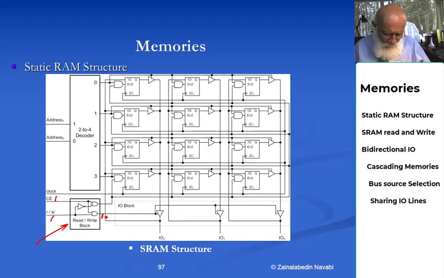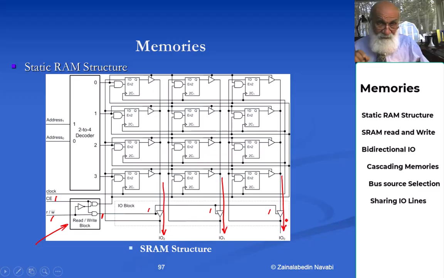If there is a 1 here, this input to the tri-state structures is 1, and therefore you will be driving these I/O lines with the contents of the memory. Now, I haven't talked about selection of the specific words yet. These are output lines that, depending on which word is selected, will be driven by that specific 3-bit word.